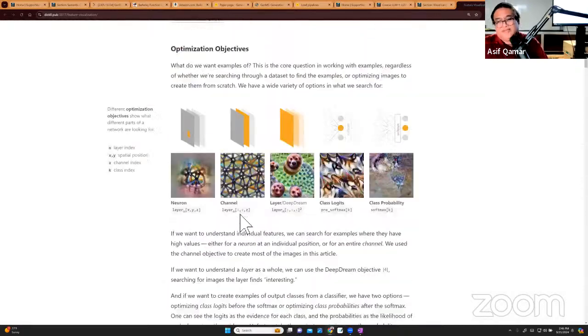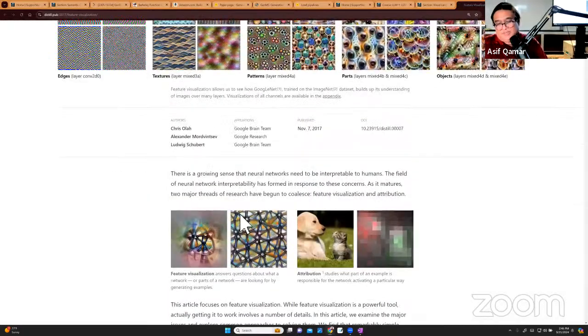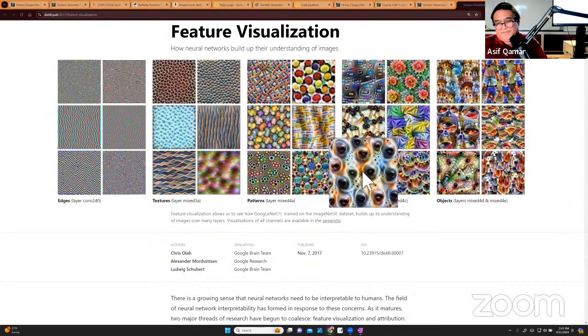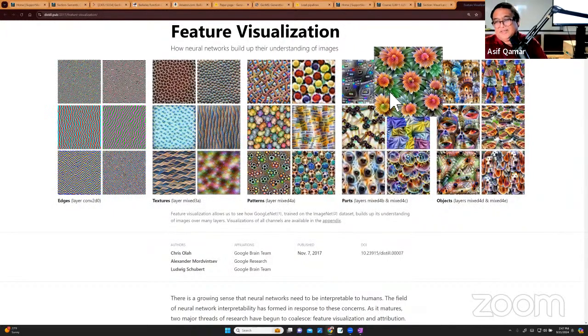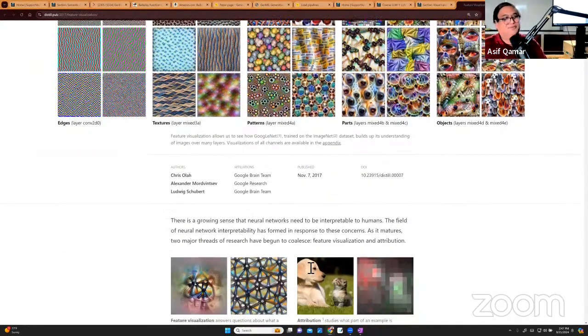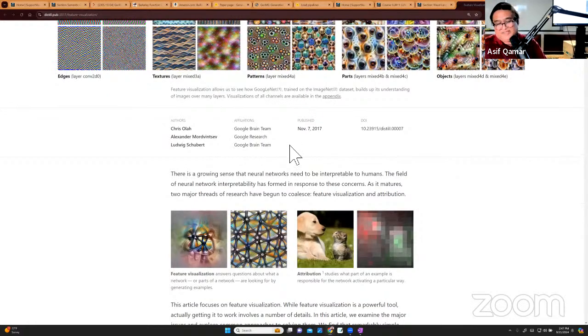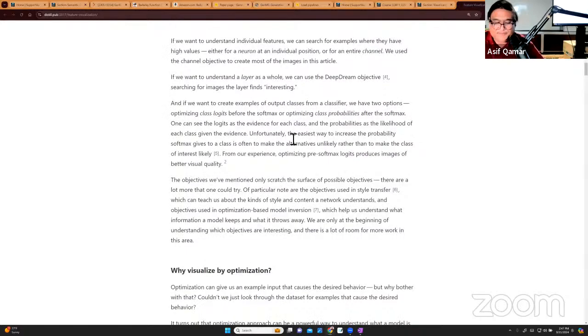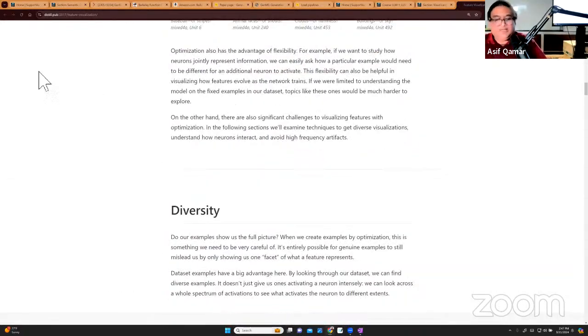This is how the CNN actually looks at the world. You see these images, right? This is its, for example, understanding of flowers, right? And people have created beautiful art out of all of these internal representations that the CNNs are making from these images. So play around with it.